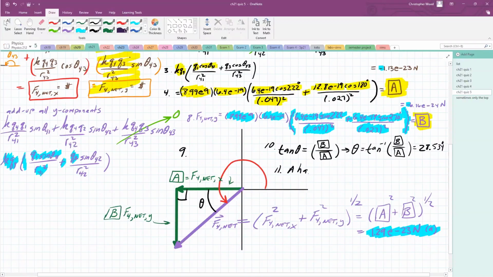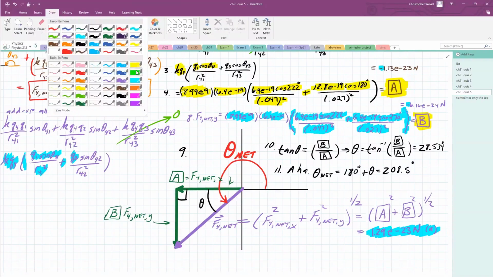I'll call this angle theta net. So theta net equals 180 degrees plus theta, I'm just going to add 180, so 208.53, 208.5 degrees.